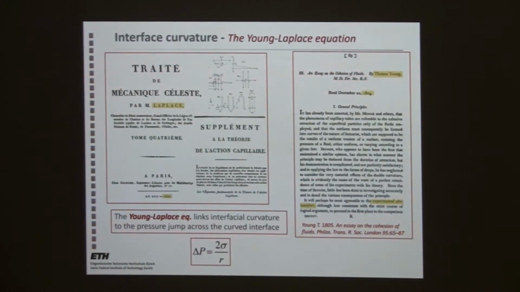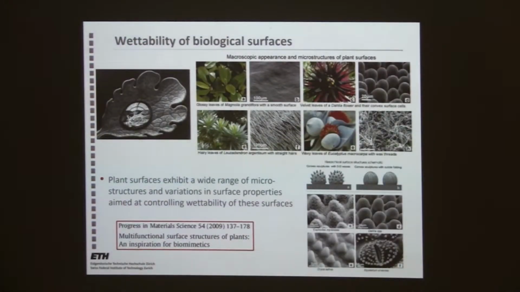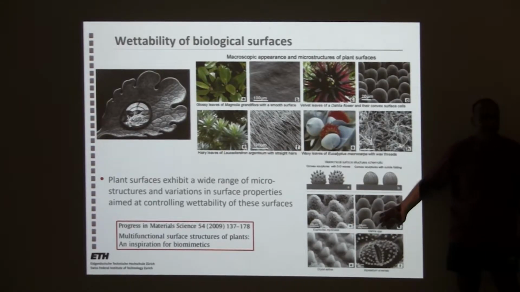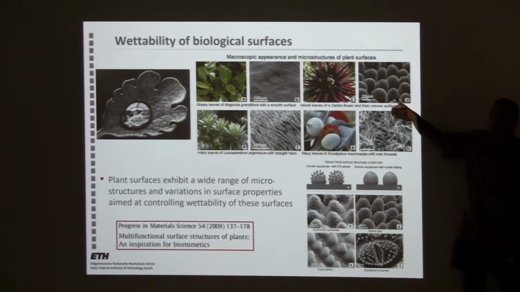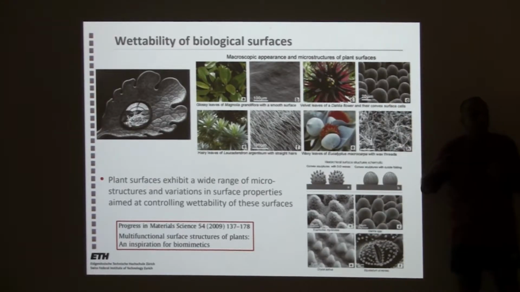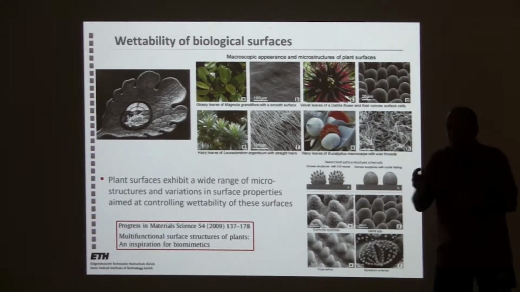And in fact, we are very late to this game. Plants have been, in the last 500 million years, perfecting this wettability manipulation so much that you have the lotus leaves, and in fact, almost any leaf will have features that take advantage of wettability, either by forming waxes that are hydrophobic or by creating very clever textured surfaces to either repel water or roll water to collect dust over surfaces and things like that.